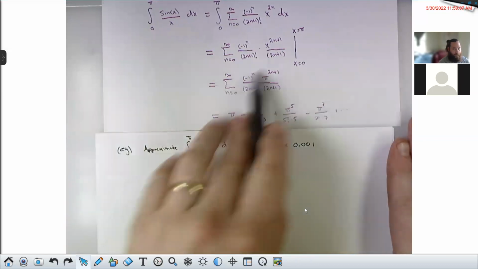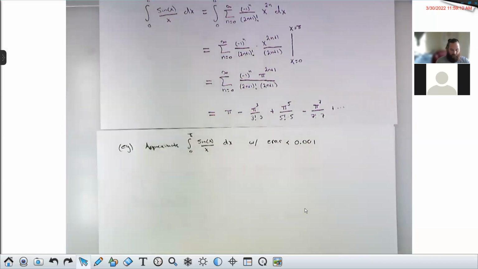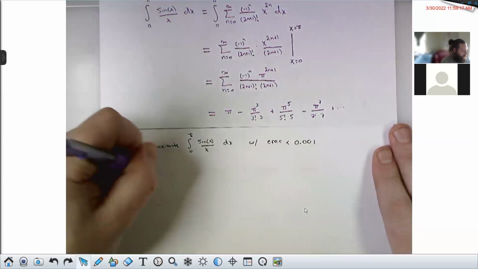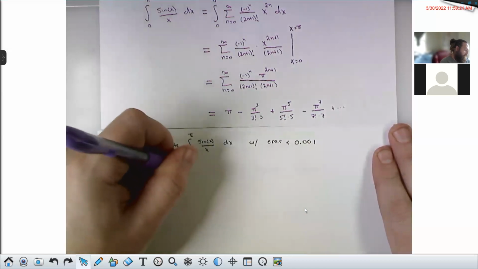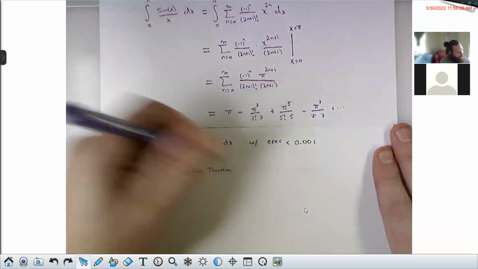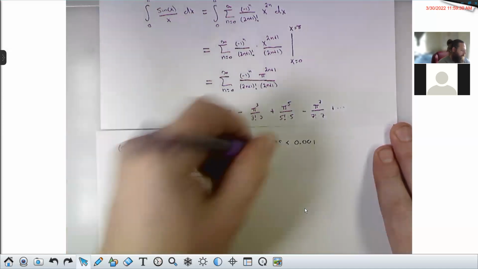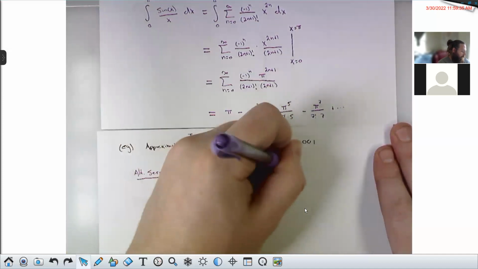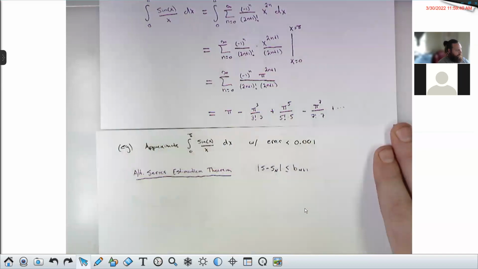The series I'm working with here is an alternating series, so I can use the alternating series estimation theorem, which says that the absolute value of s minus sn is guaranteed to be less than bn plus 1.